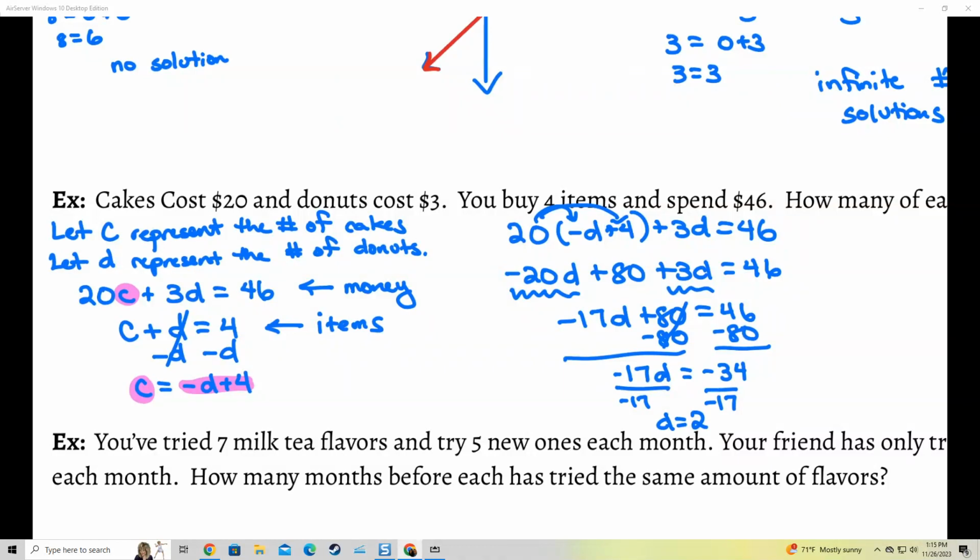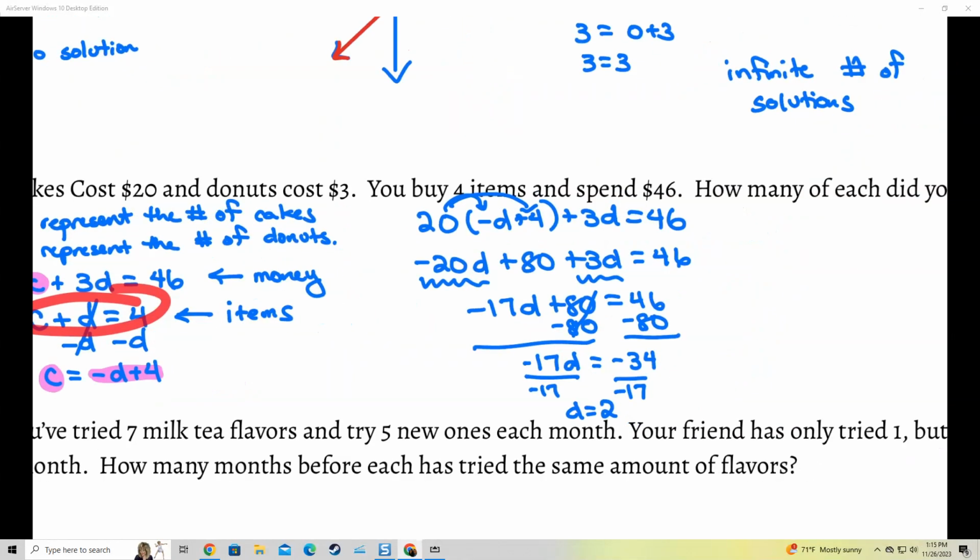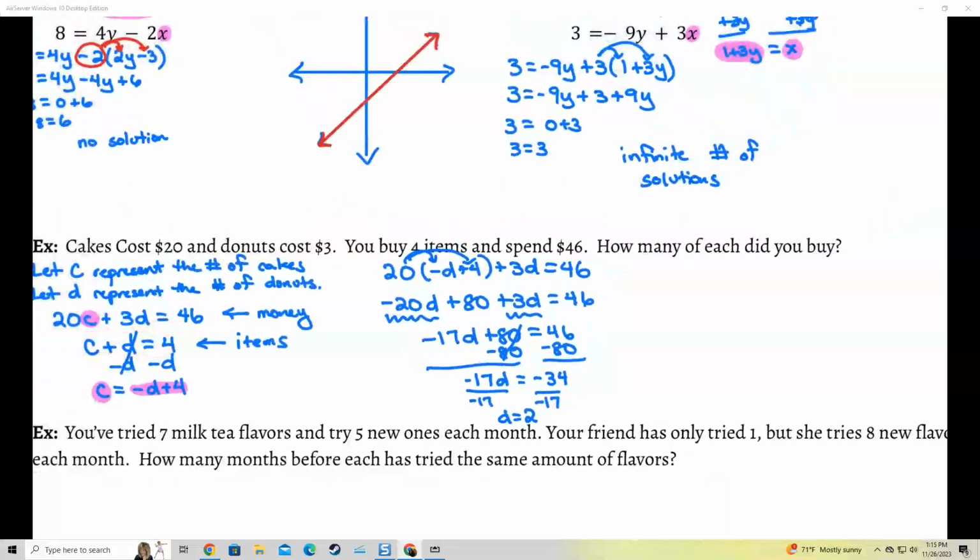We're going to go ahead and plug that 2 into either the first equation or the second equation. I'm definitely going to use the second equation because it is much easier. So I'm going to write C plus 2. I know D equals 2, so I'm going to substitute it right here. So C plus 2 equals 4. Well, that must mean that C is equal to 2.